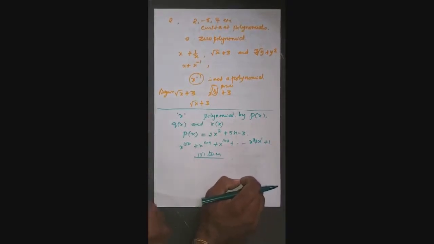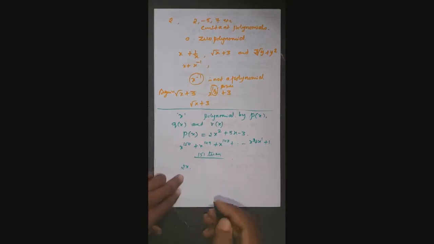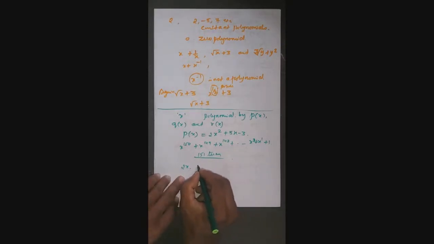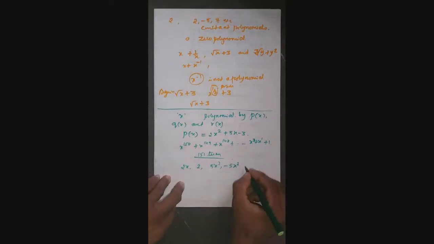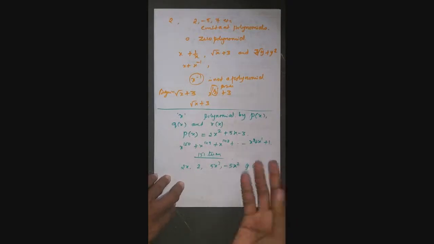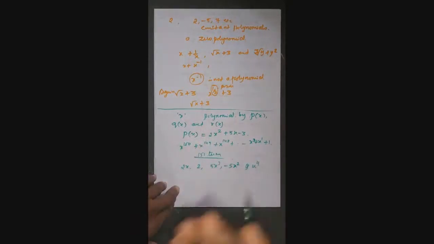Consider the polynomials 2x, 5x cube, 5x square. Do you see that each of these polynomials has only one term? For example, 2x is a term of a polynomial, and even 5x cube, minus 5x square, and one more, u to the power of 4. Polynomials having only one term are called monomials.